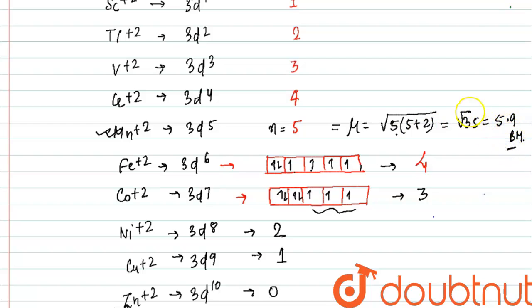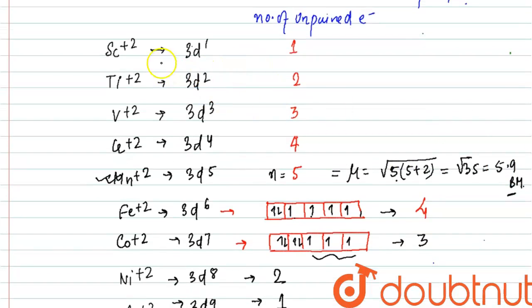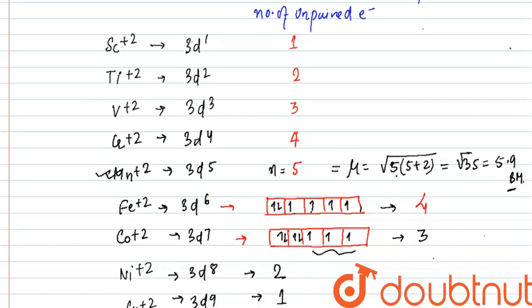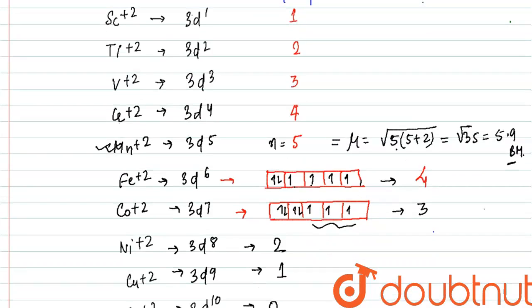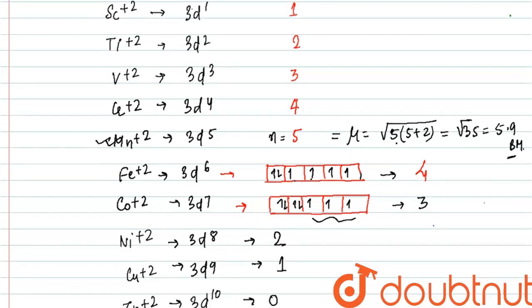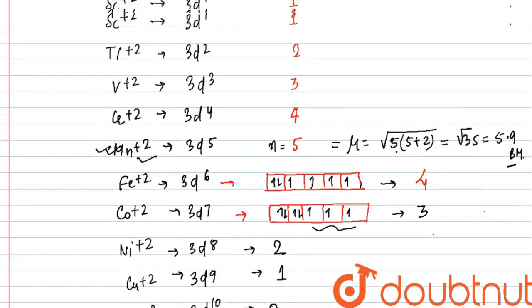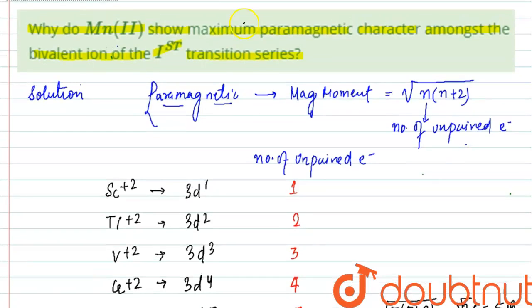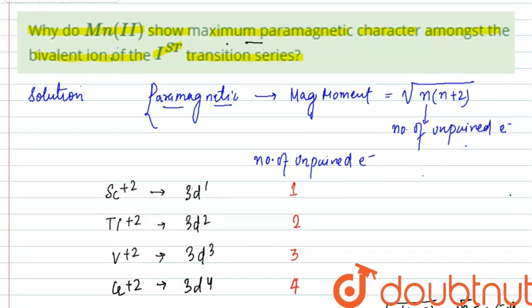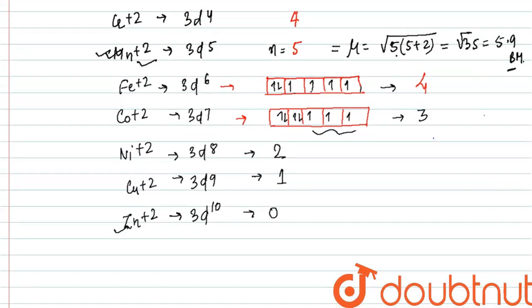This is the highest magnetic moment that we have, because all the other divalent ions in the 3d transition series do not have as many unpaired electrons as manganese has. So this is how we can understand why manganese plus 2 shows the maximum magnetic character in the 3d transition series. I hope this is clear to you.